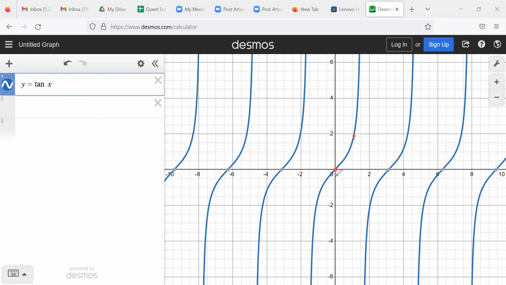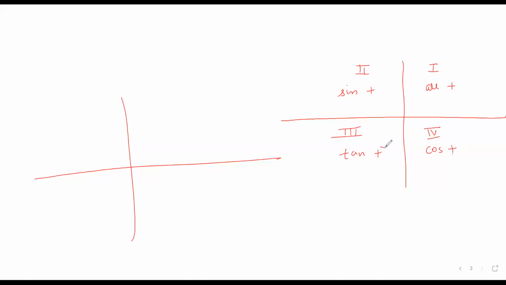Then from 90 to 180, it will go negative. 180 to 270, it will go positive again. And from 270 to 360, it will be negative again. I'll just show it to you again. Here. So this is what we have to remember, keeping the graphs in head. Sine and cos. So just make this graph, and let's understand where we have to use it. Okay.